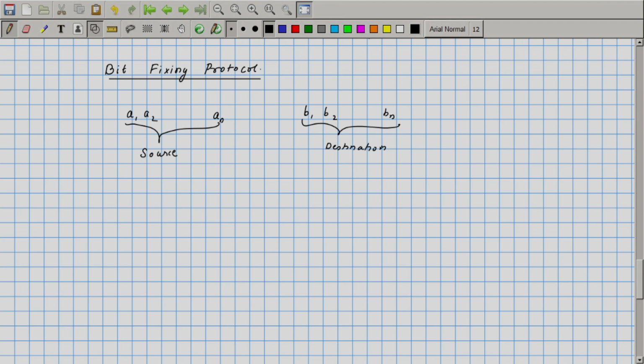We may assume that a1, a2, ..., an is the binary representation of the source vertex, and b1, b2, ..., bn is the binary representation of the destination. Now, how do we send it? The bit fixing protocol essentially takes the packet and fixes one bit at a time. So, it sends it to that neighbor with one bit taken care of.